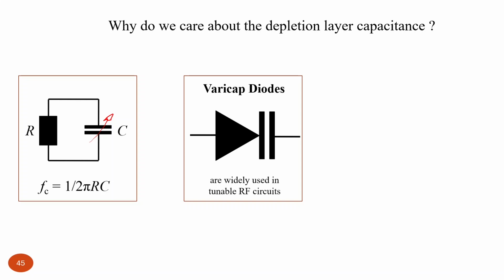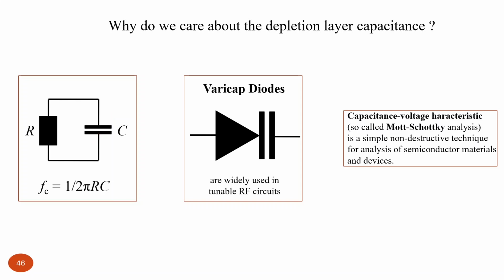And besides this practical application in electrical circuits, we also care a lot about the depletion region from a scientific point of view, for analysis of material properties. That is the so-called capacitance-voltage characteristic, when we measure the capacitance of a p-n junction at different bias and plot it. This is the so-called Mott-Schottky analysis, which allows us to determine the built-in voltage, VBI, and also the concentration of doping centers.